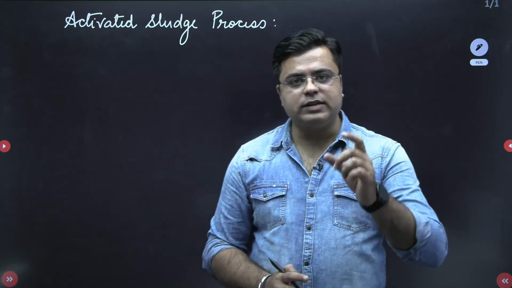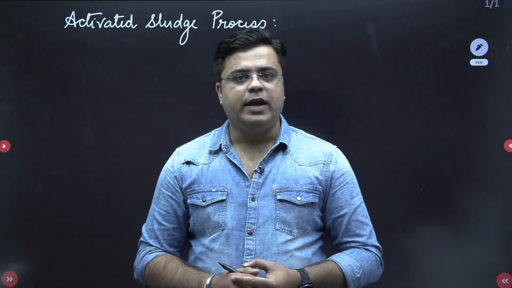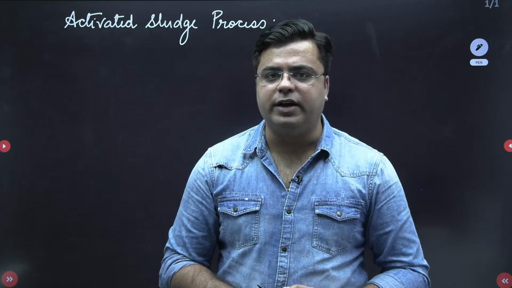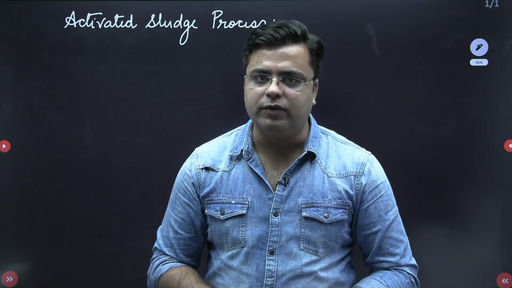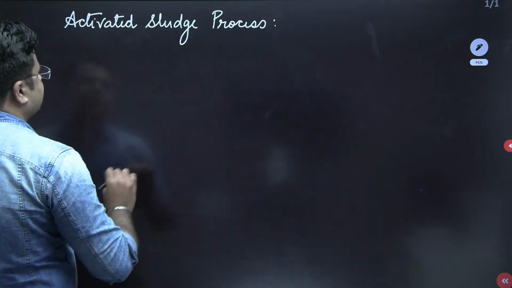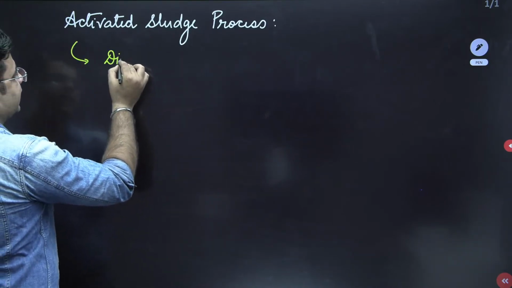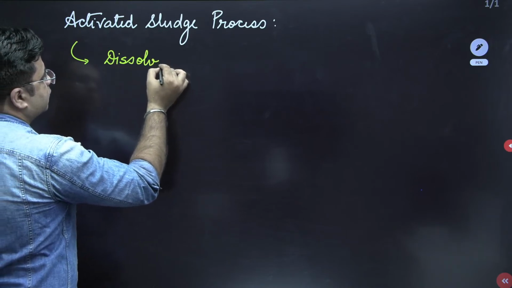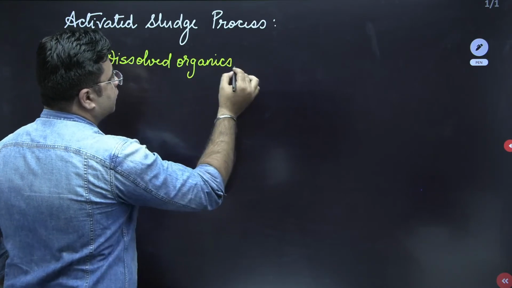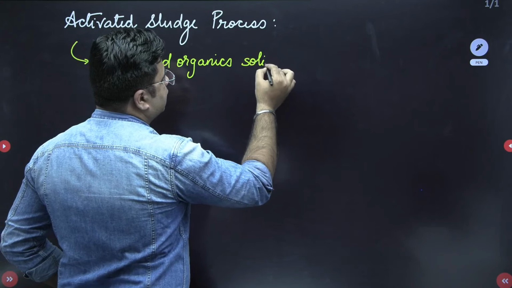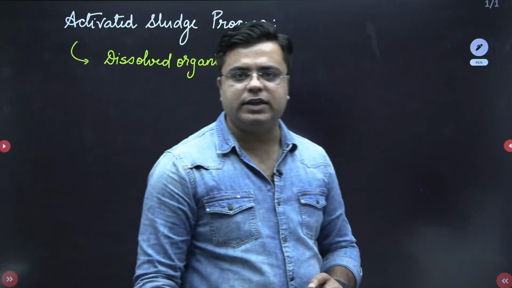First of all, the activated sludge process is a biological treatment given to wastewater. Any type of biological treatment is done for the removal of dissolved organic solids from the wastewater. So this process is also performed to remove the dissolved organic solids present in the wastewater.